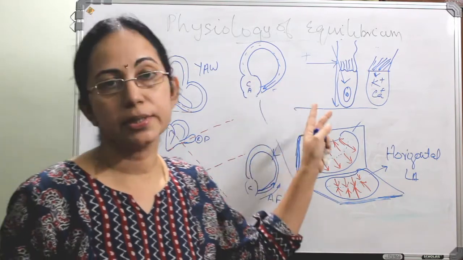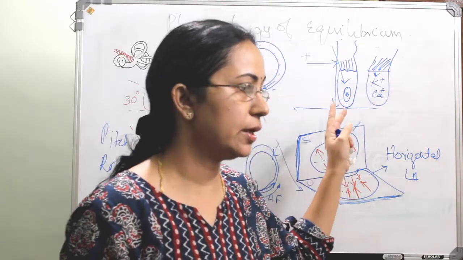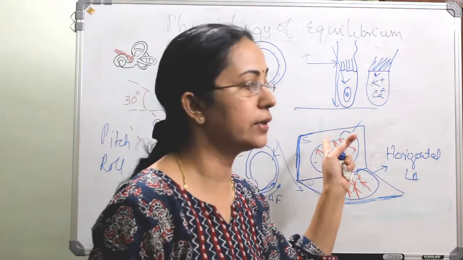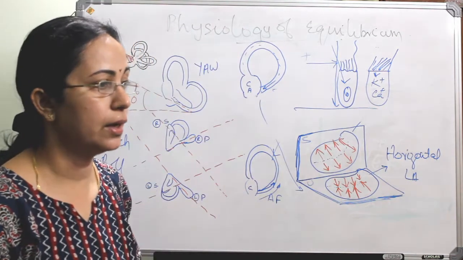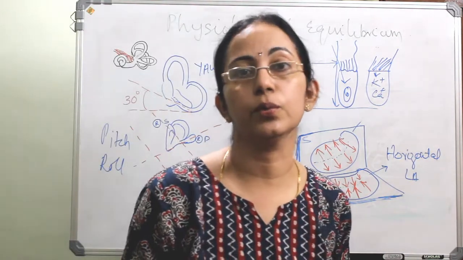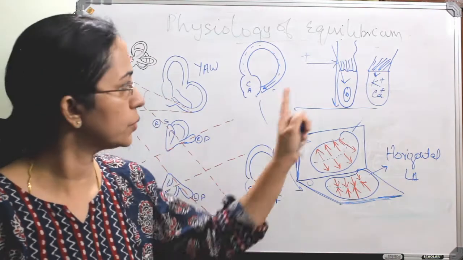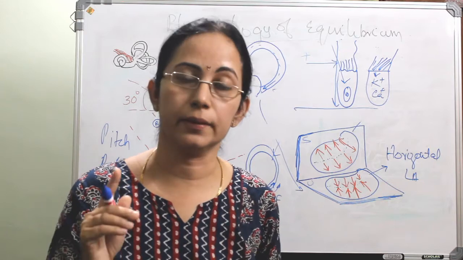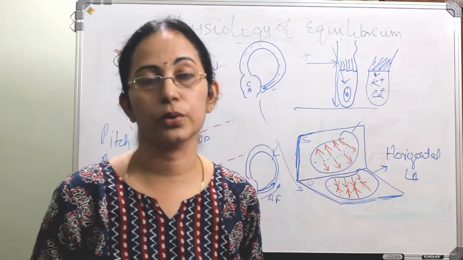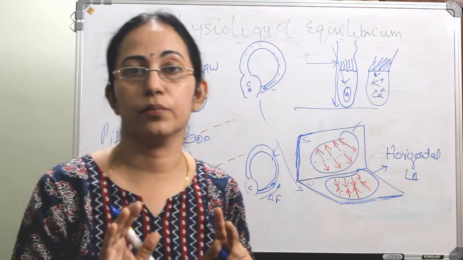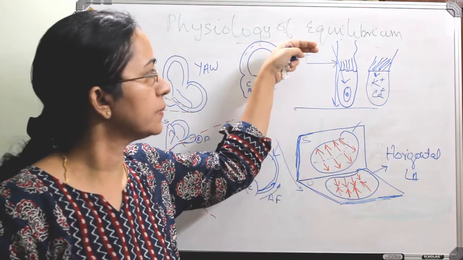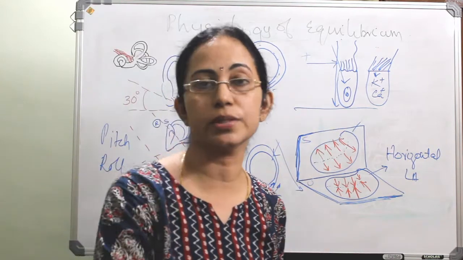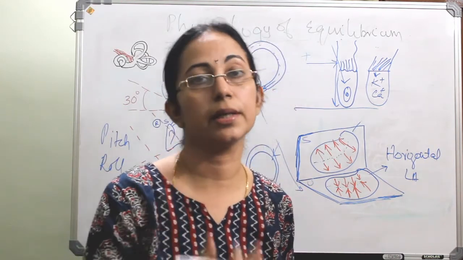So the depolarization of the stereocilia causes the hair cell to act as a transducer, and they will convert the mechanical energy into ionic flow, and there will be a neural action potential. Basically the movement of the endolymph along with the cupula and the otolith membrane causes a force, and when the maximum force is parallel to the basement membrane, the stereocilia will move towards the kinocilium and cause a depolarization.